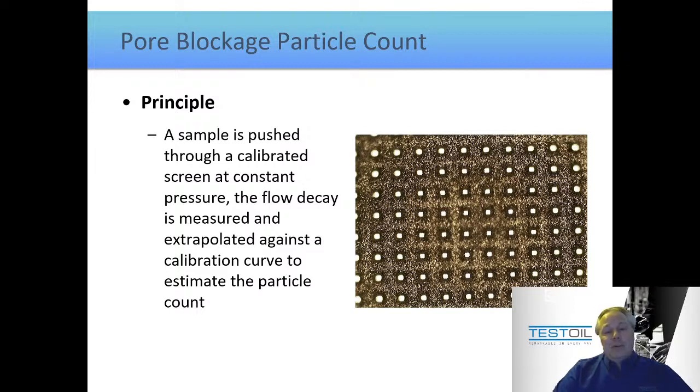So what happens is the holes will get smaller and smaller and fewer, and therefore how the flow decays tells us what size particles are piling up on the screen as it restricts itself. So from this measurement, again, we're not necessarily measuring every single individual particle in the oil. Like I said, neither does optical particle counting, but here's why we favor it.